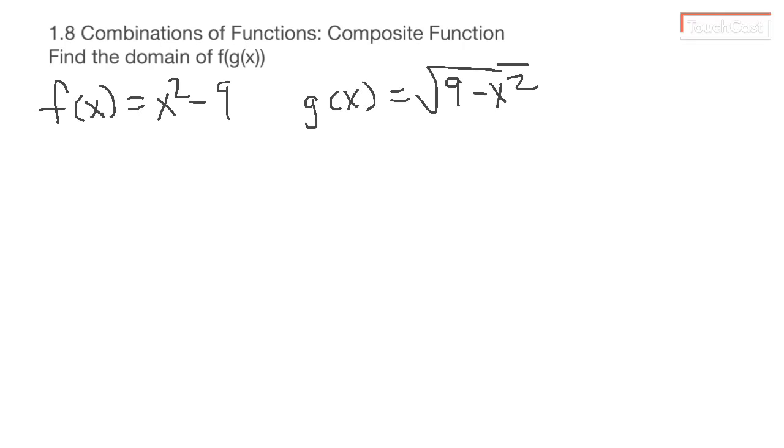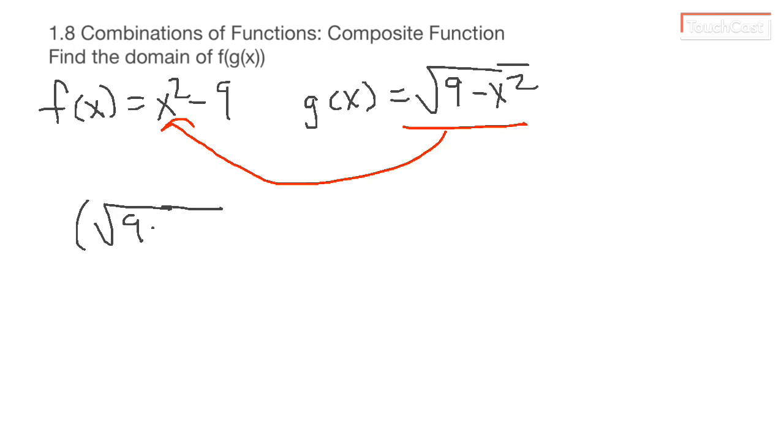So we want to first find f of g of x. So let's do that. We're going to take g of x and put it into x in f of x. So we're going to have the square root of 9 minus x squared, minus 9.